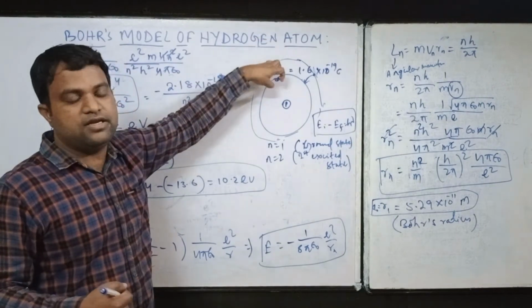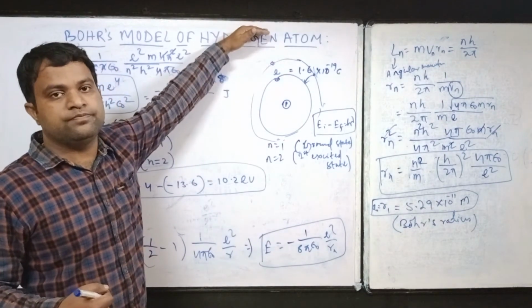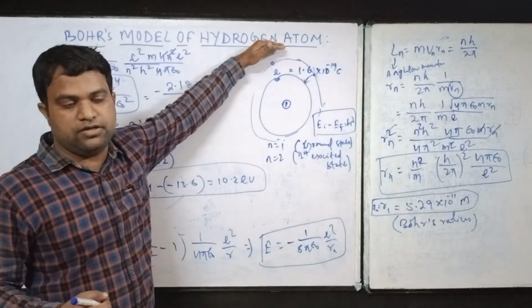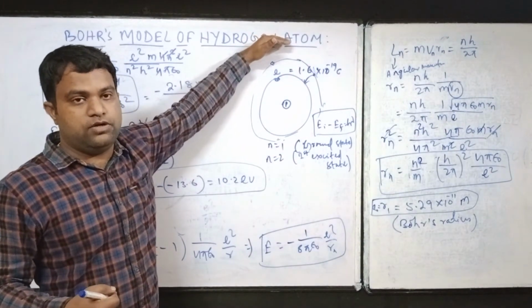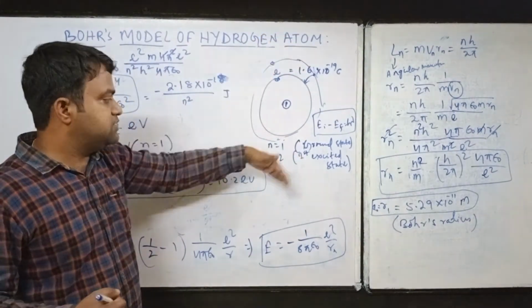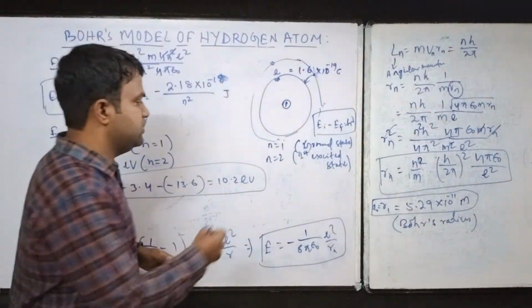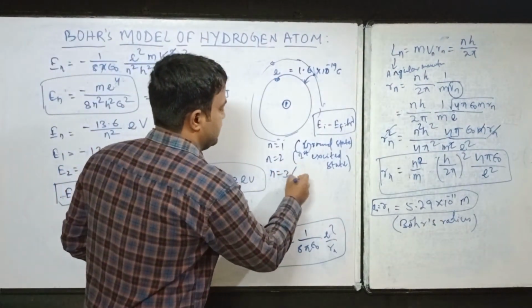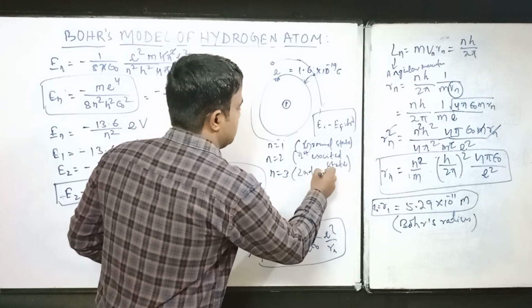So the energy required is approximately 12 eV to take the electron from the ground state to n equal to 3, or the second excited state, right? So n equal to 3 is the second excited state.